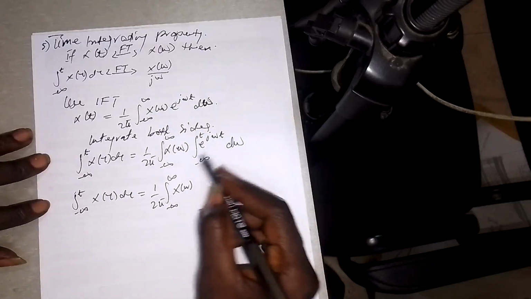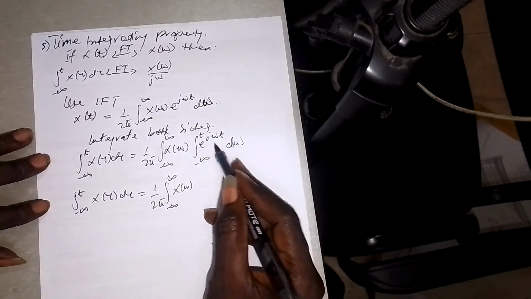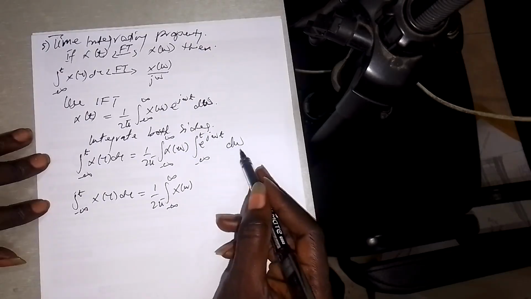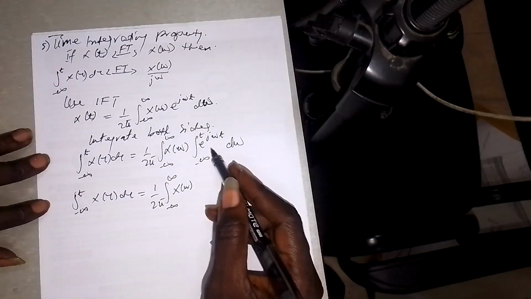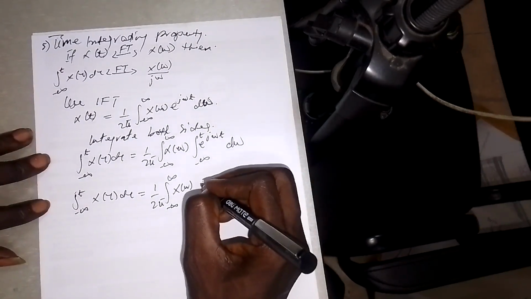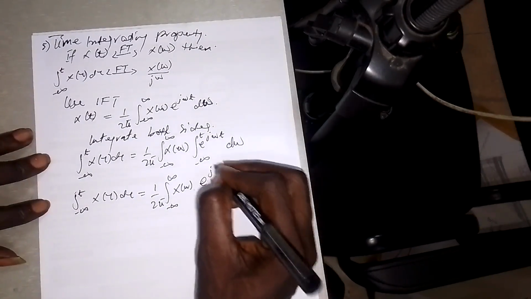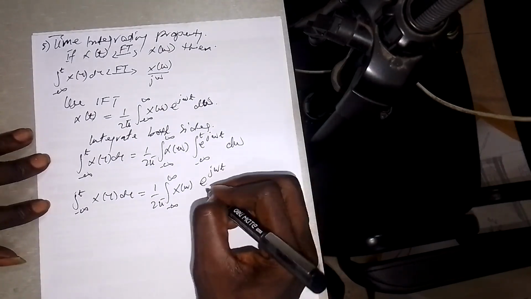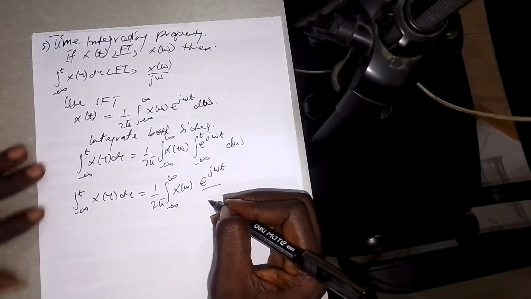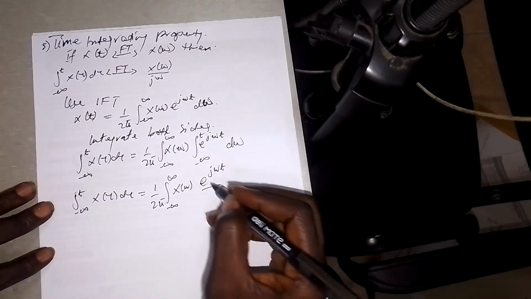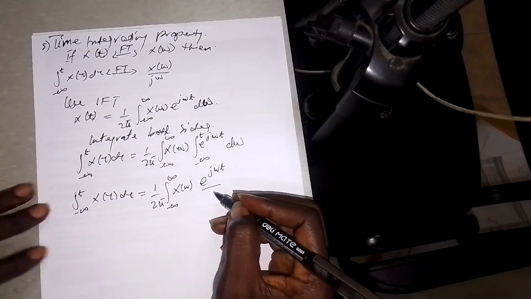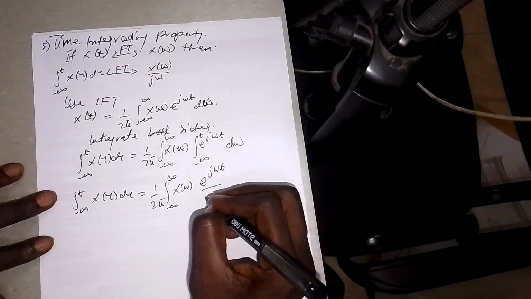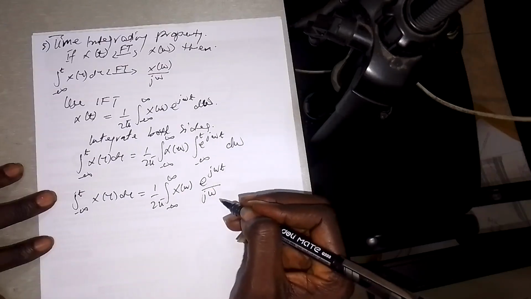Here you can see that I am integrating with respect to omega. So in that case, I'm going to have e to the j omega t over j omega. Okay, all right.